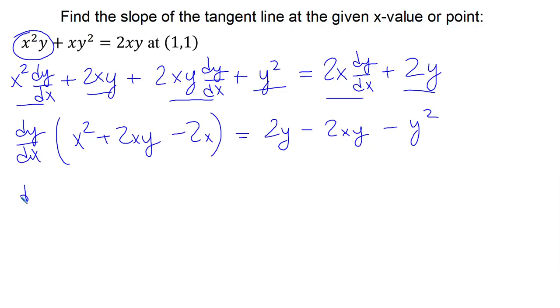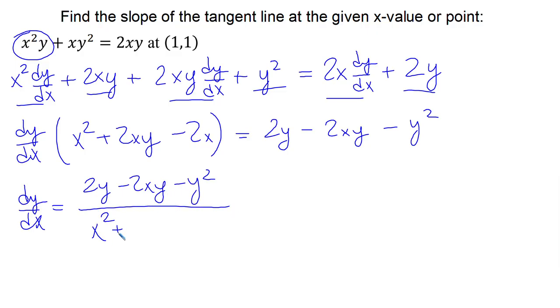So that we get dy dx is equal to 2y minus 2xy minus y squared, all divided by x squared plus 2xy minus 2x. And again, you can always bring them to the opposite sides and you'll just have all the signs flipped. But when you evaluate at the point 1, 1, you'll still get the exact same final value.